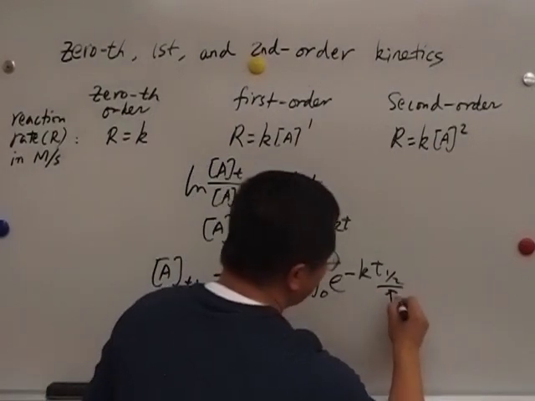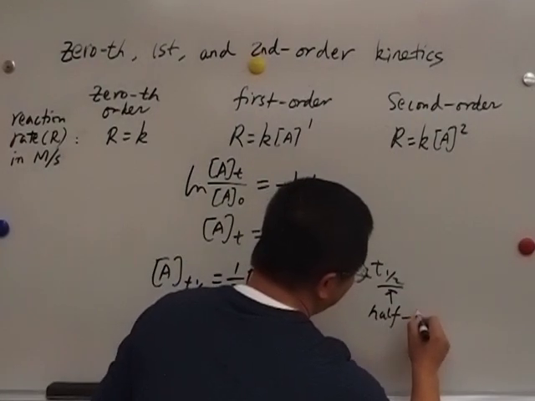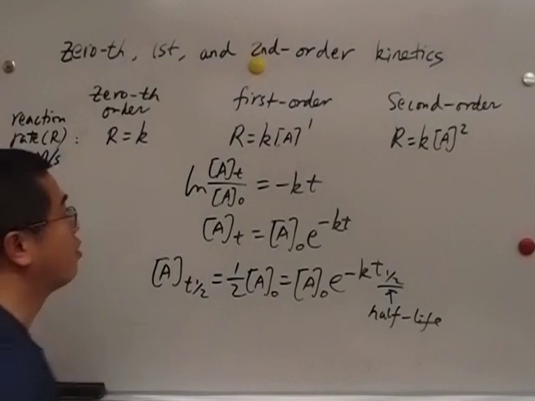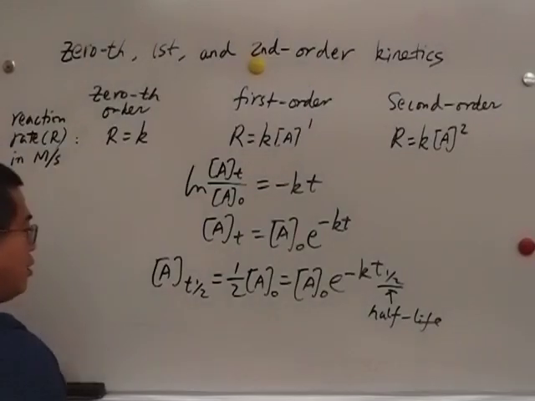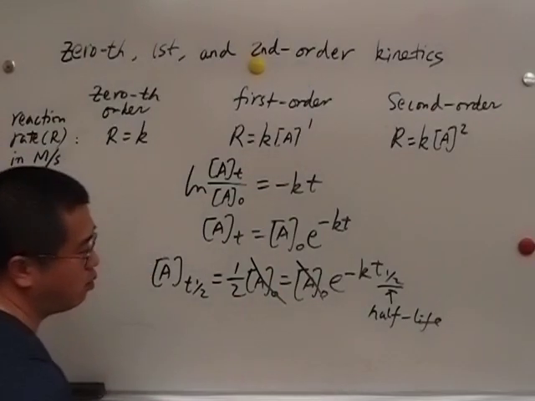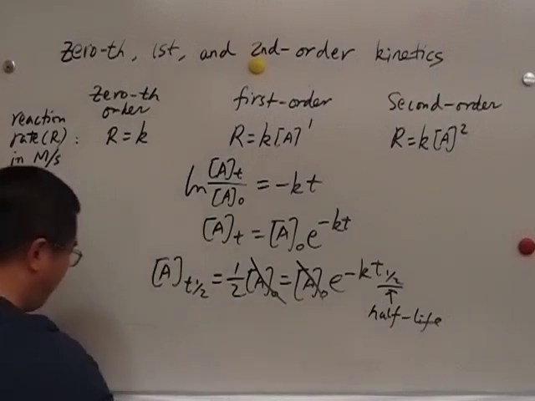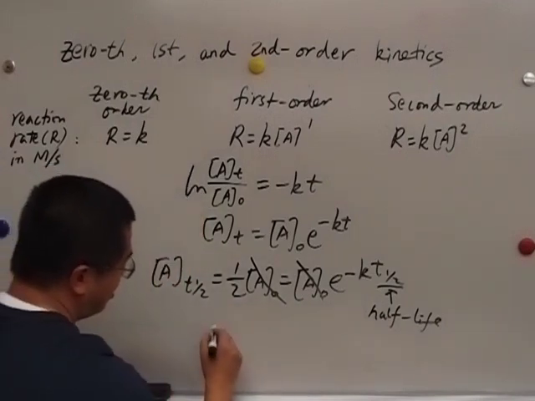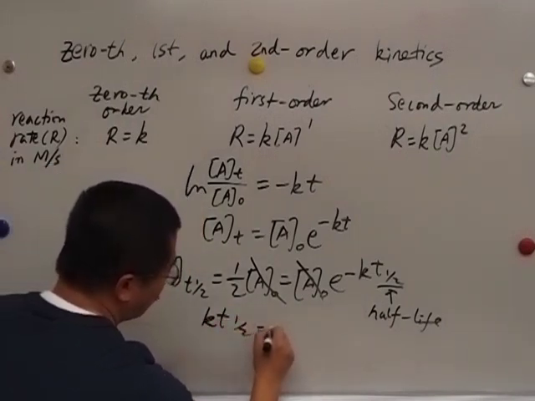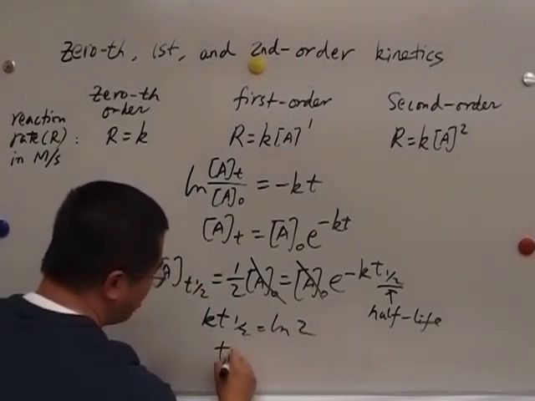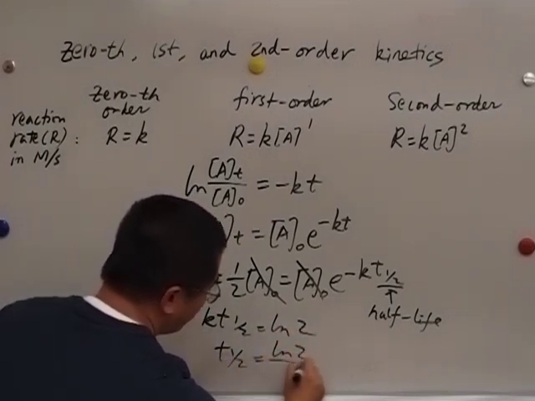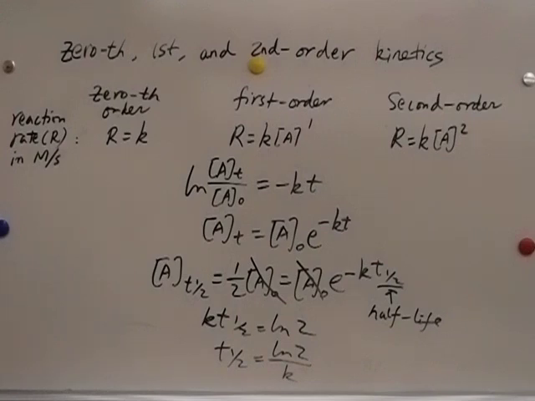Again, this guy is my half-life. For the first order reaction, you can see this cancel. This part is 1/2. Therefore, k t 1/2 equals ln2. And the half-life is ln2 over k. Done.